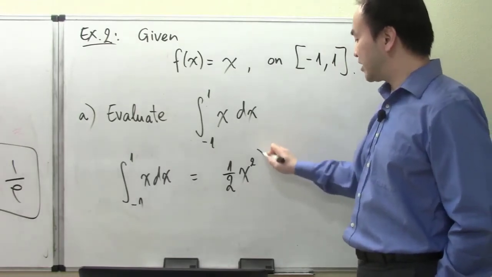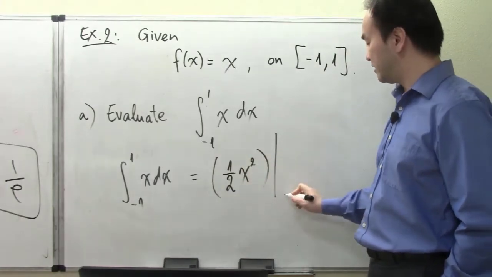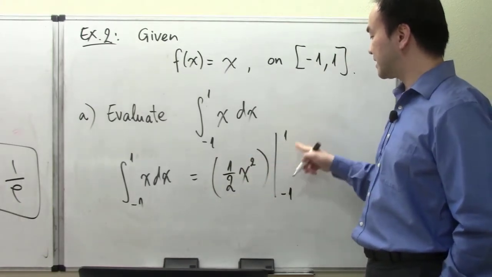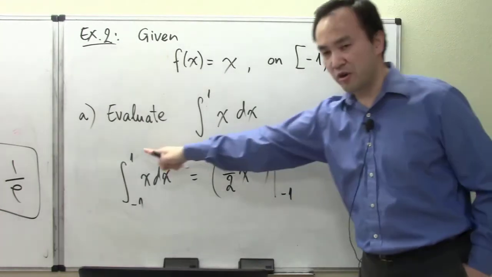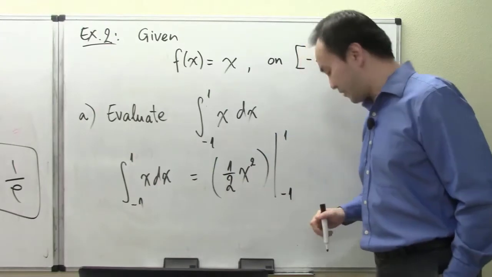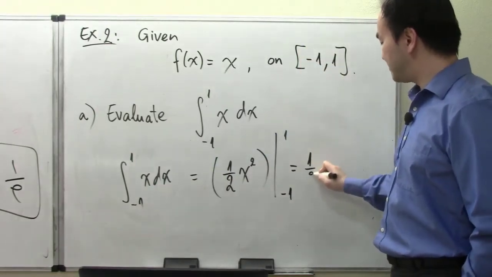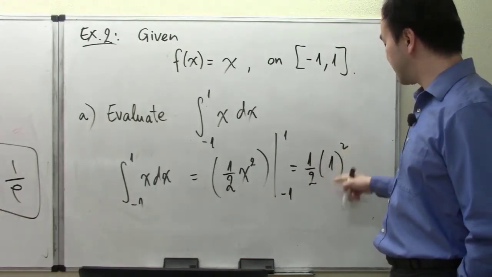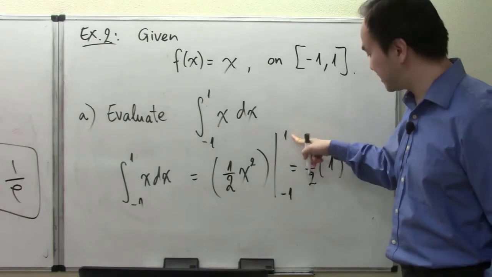Now the instruction for the next step is that, from the antiderivative we already found, we substitute the upper and lower limits of our integral into the function. So I'm going to have 1/2 times 1 squared. This is how my antiderivative is evaluated at the upper limit.